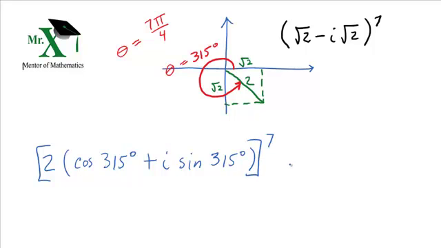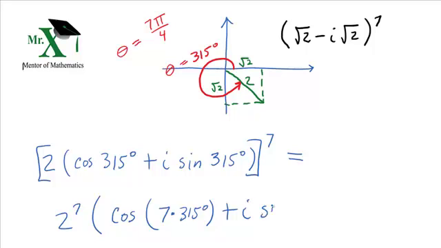And what we can do is expand that to say that's equal to 2 to the 7th times the cosine of 7 times 315 degrees plus i sine of the angle that is 7 times 315 degrees.